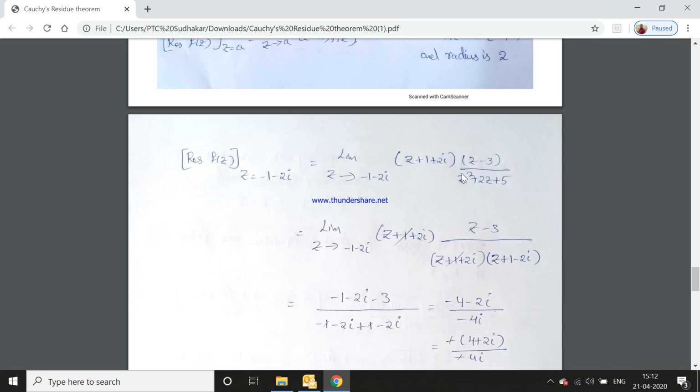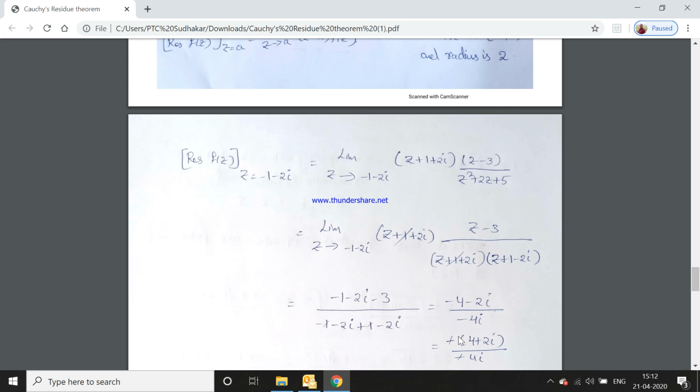Already we discussed how to write the factors of the denominator, so substitute those factors in the denominator. One factor, z plus 1 plus 2i, cancels, and now we can apply the limit, z tends to minus 1 minus 2i. Substituting z, we get minus 1 minus 2i minus 3 by z plus 1 minus 2i, where z is minus 1 minus 2i. Here plus 1 and minus 1 cancel, we get minus 4 minus 2i by minus 4i.